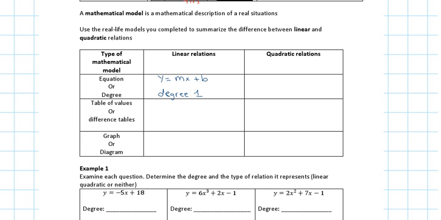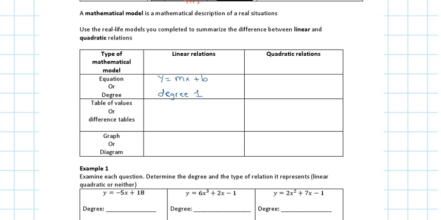What would be the table of values or difference table for the linear function? When you have a table of values and you do your first difference, or the second, for a linear function, what's constant? First difference.